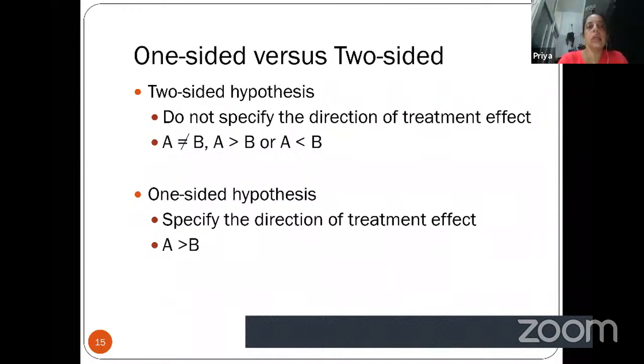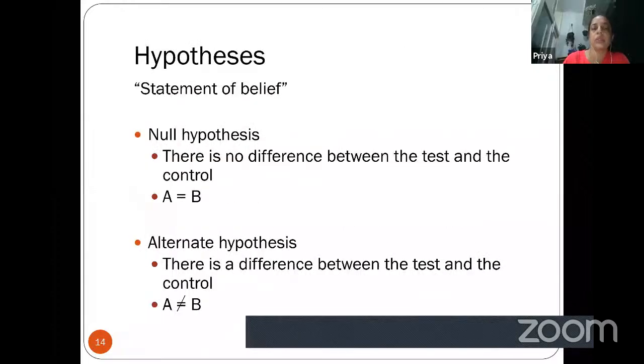Yeah, in a non-inferiority study, I'm glad somebody brought up that question. The null hypothesis and alternate hypothesis that I showed you are for a superiority study. For a non-inferiority study, it becomes the reverse. Your null hypothesis states that A is worse than B by a certain margin, and your alternate hypothesis says that A is not worse than B. A is not inferior to B. So in a non-inferiority study, the two just get reversed, plus you mention the inferiority margin.